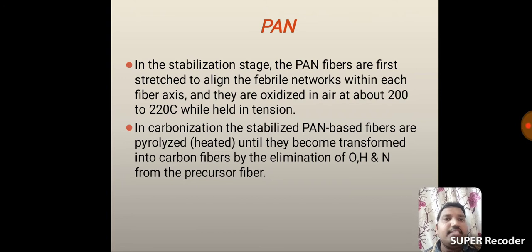In carbonization, the stabilized PAN-based fibers are pyrolyzed. Pyrolyzed means we apply a high temperature, that is a pyrolysis reaction, until they are transformed into carbon fiber by the elimination of oxygen, hydrogen, and nitrogen from the precursor fiber.